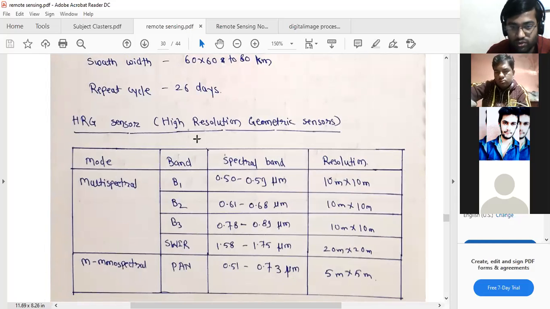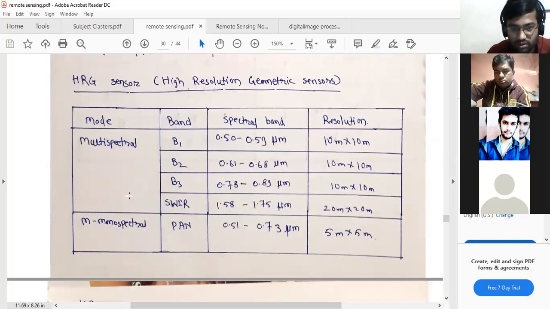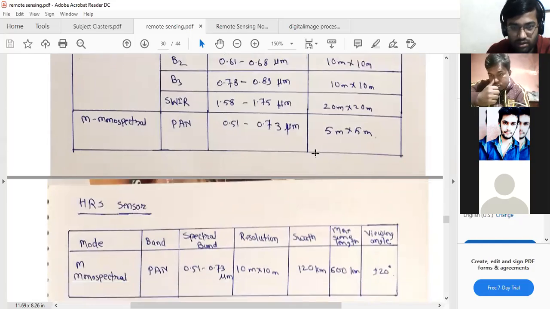Then high resolution geometric sensors, HRG. In multispectral we are using B1, B2, B3, and the SWIR band. The resolution is given like this.